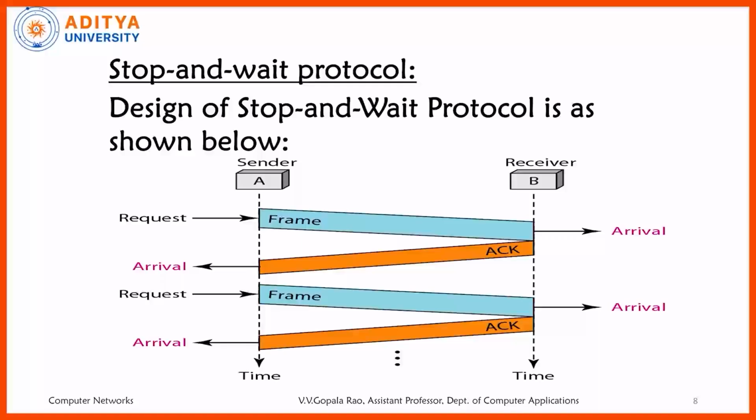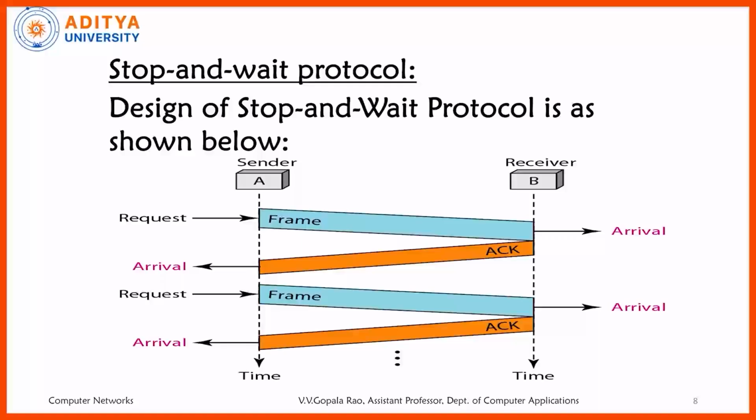Immediately after it is received, the receiver will acknowledge by sending a reverse frame, termed ACK. The ACK travels from B to A, and A receives the acknowledgement frame. Once he notices the ACK frame, only then is he able to start sending the second frame.